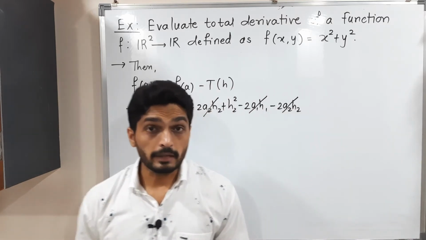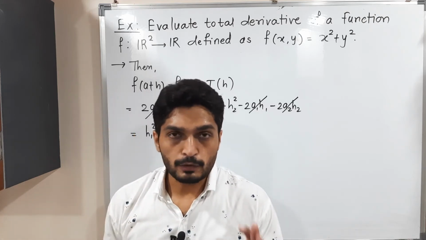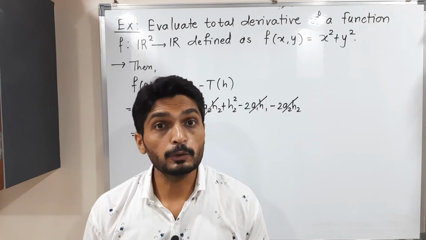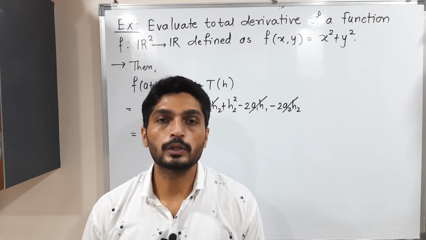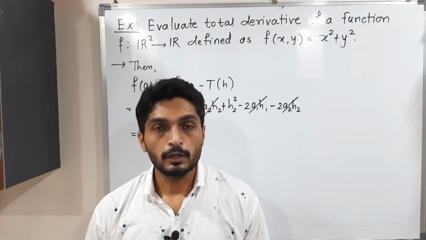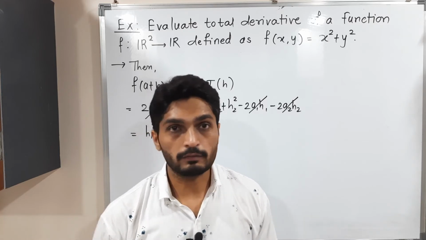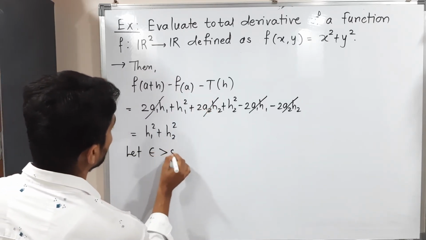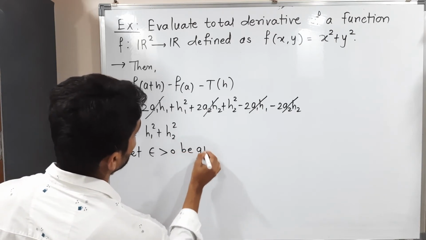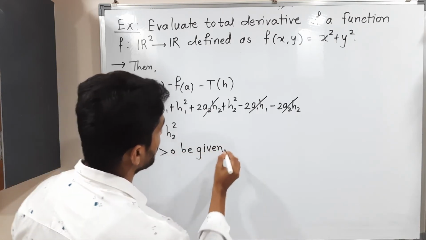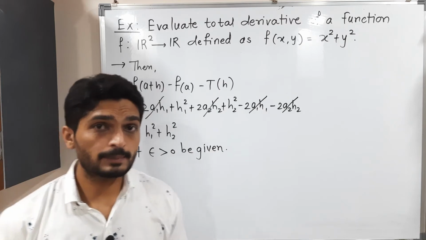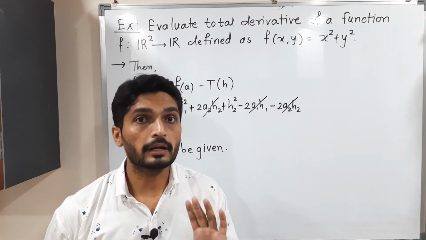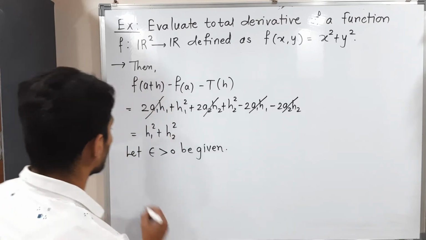So total derivative, that means that linear transformation we have already taken, but using the epsilon delta definition we need to prove it. Yes, this is a total derivative. So for that I need to take one epsilon first. Let epsilon greater than 0 be given, and for this epsilon we need to find delta which will work and satisfy the definition.